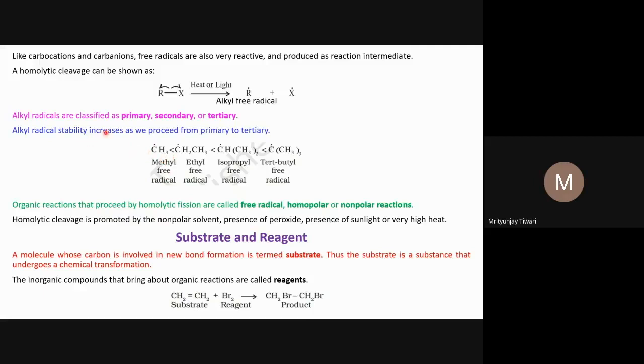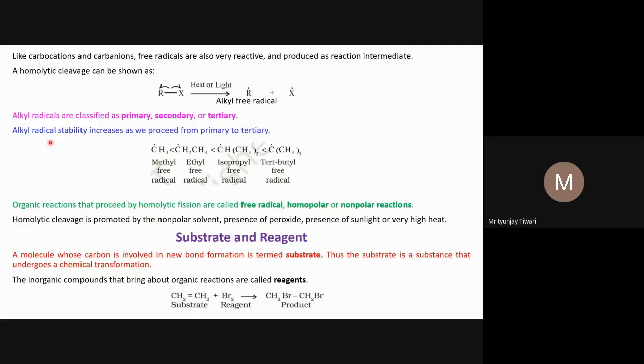Alkyl radicals are classified as primary, secondary or tertiary. Tertiary means the carbon atom containing the odd electron is bound to three alkyl groups. If it is bound to two alkyl groups, then this becomes secondary. If it is bound to only one alkyl group, it is primary, and with no alkyl group, it is a methyl free radical.